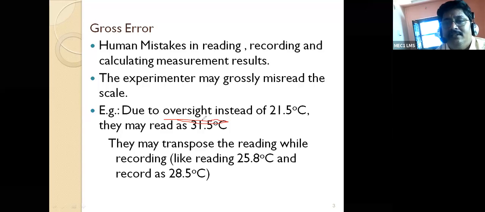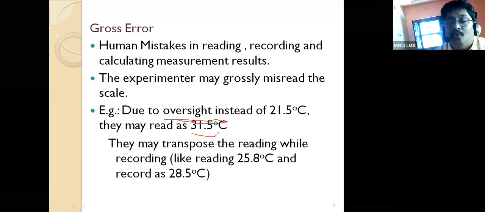Due to an eye defect, instead of 21.5 degrees centigrade, he will read 31.5. That means the 2 appears as a 3.